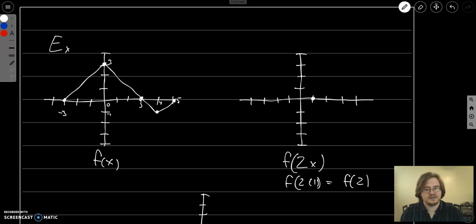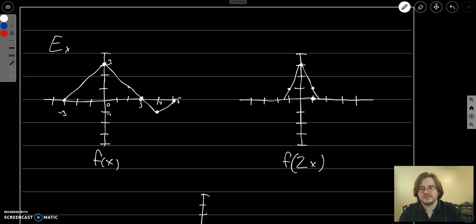So at 1, we're going to get the same thing as f of 2, and at 2, the height was 1. At 0, if I plug in 0 into here, I'll just get 0 again. If I plug in -1, I'm going to get the function height at -2. And we can begin to see that our function has shrunk. We have compressed everything.